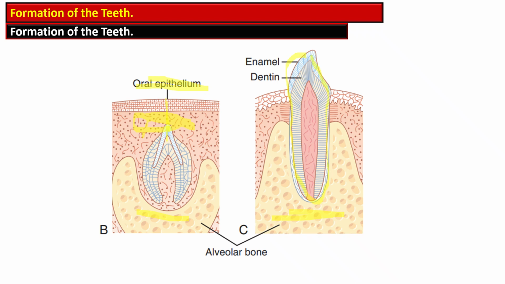And the dentin is produced from the lower side, the epithelium that invaginated from the lower side, and the upper part of the epithelium that is invaginated is giving rise to the enamel, that is the secretion of the ameloblasts.